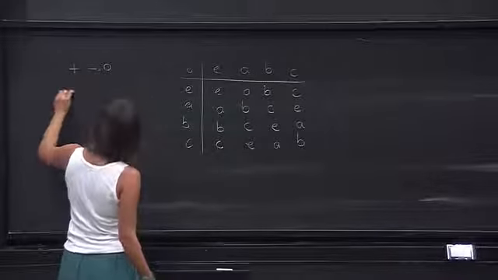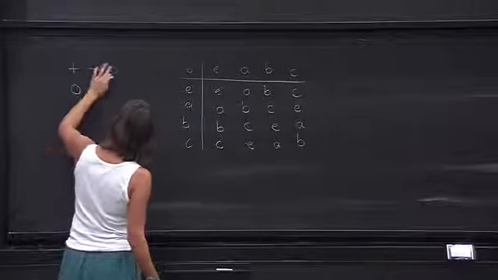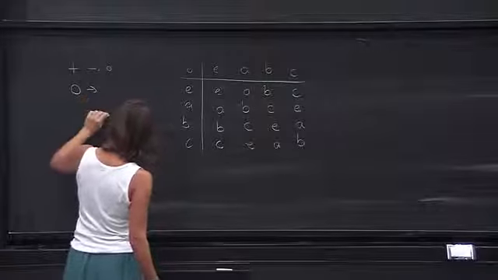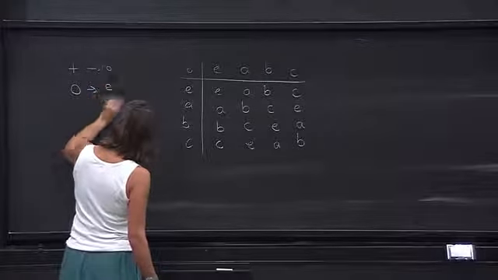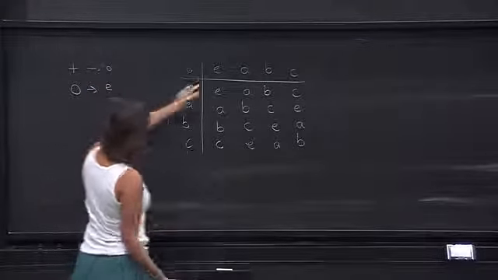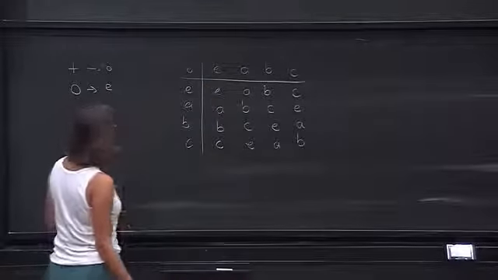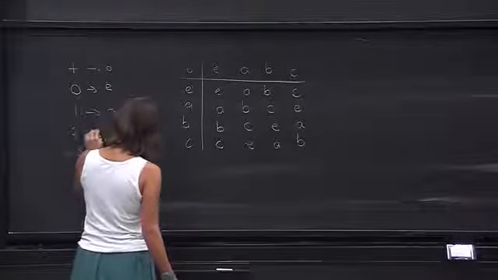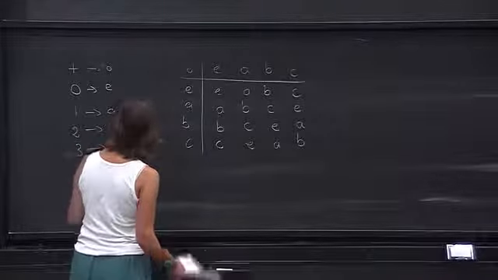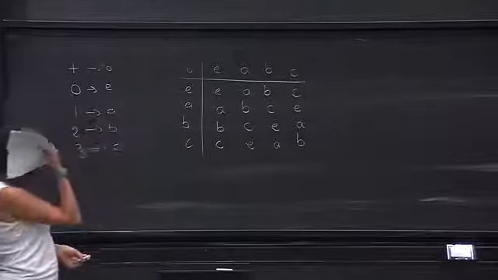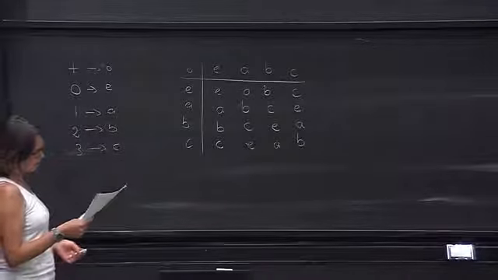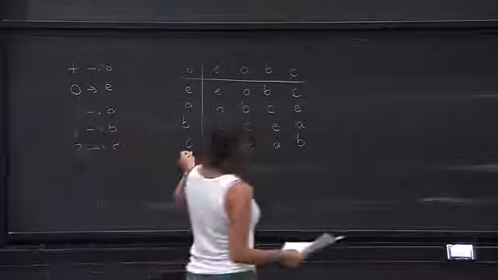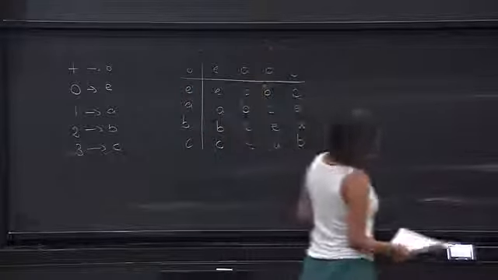This is my operation. The 0 is just the E element. We're going to see that it stands for identity. And then 1, 2, 3 go to A, B, and C. So these are exactly the same table, but just written in a different way. So why do I want to use this table? This is going to become clear in 1 minute.